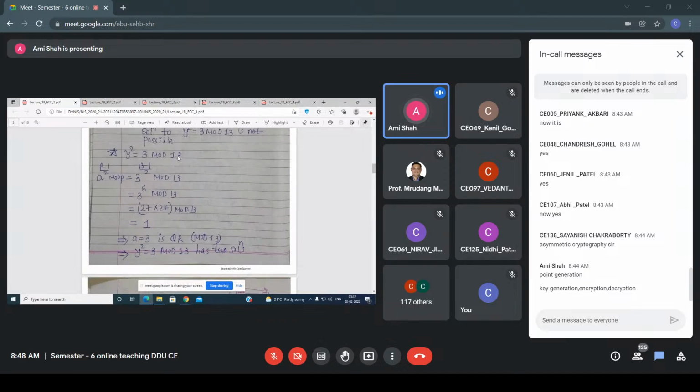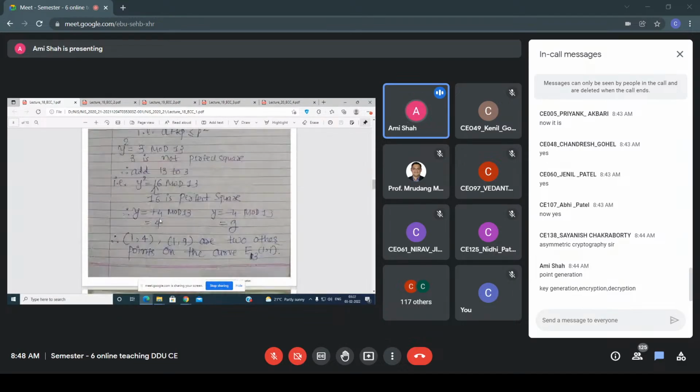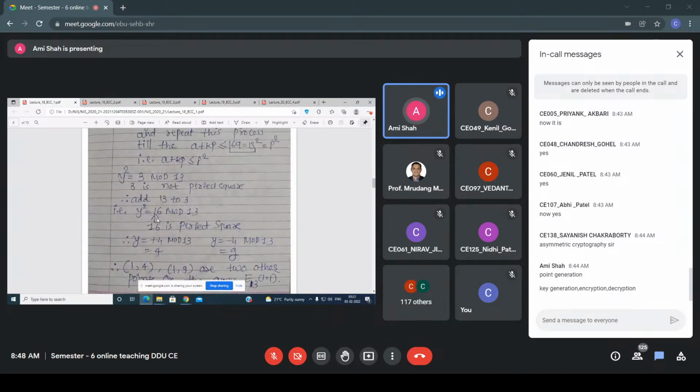So I add 13, and here I am getting 16. Now I can say that 16 is a perfect square. But it may be possible that it is not a perfect square. Then what you have to do? Again, you have to add 13 to 16. You have to repeat this cycle until it is less than or equal to P square, right? So up to that point you have to check.